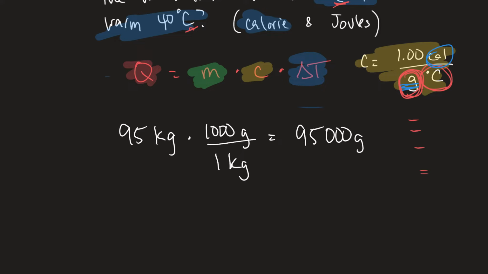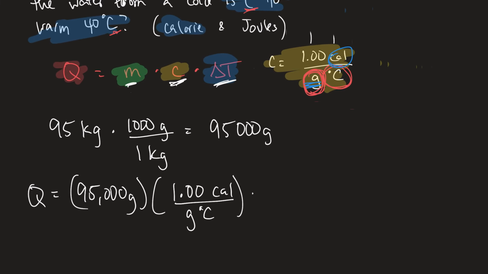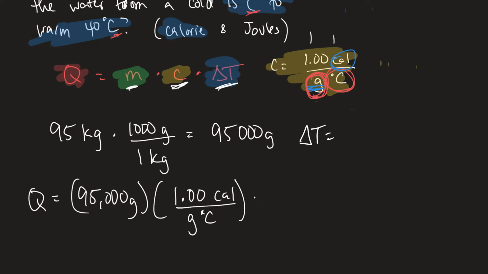Now, let's go ahead and plug in all our numbers. Q, which we're looking for, is equal to the mass, 95,000 grams, times C, which is our specific heat, 1.00 calories per gram degrees Celsius, times delta T, or the change of T. Remember, the change of T, which I'm going to do off to the side, is final temperature minus initial temperature.